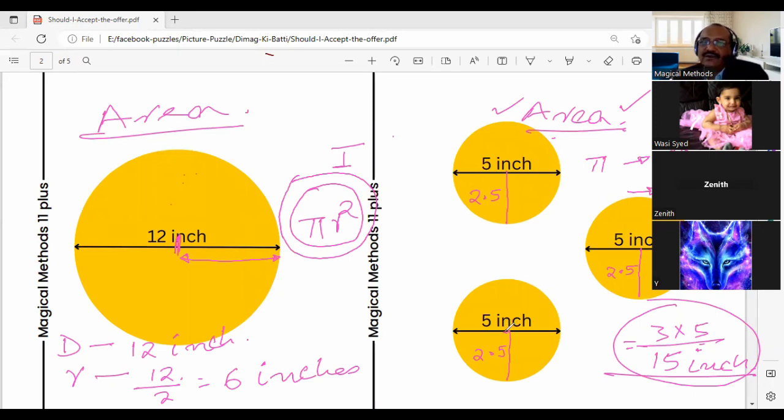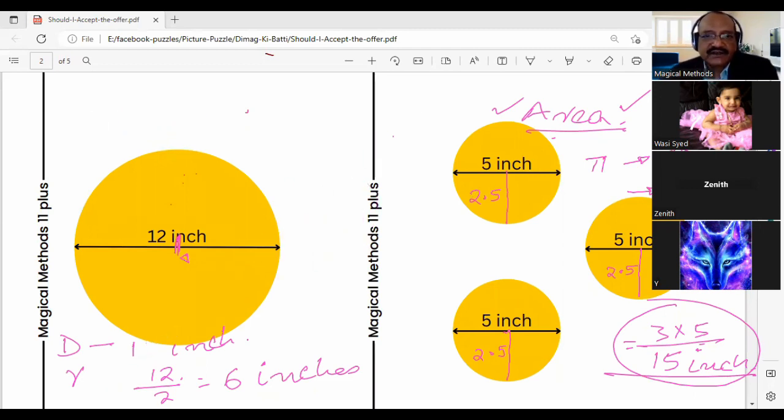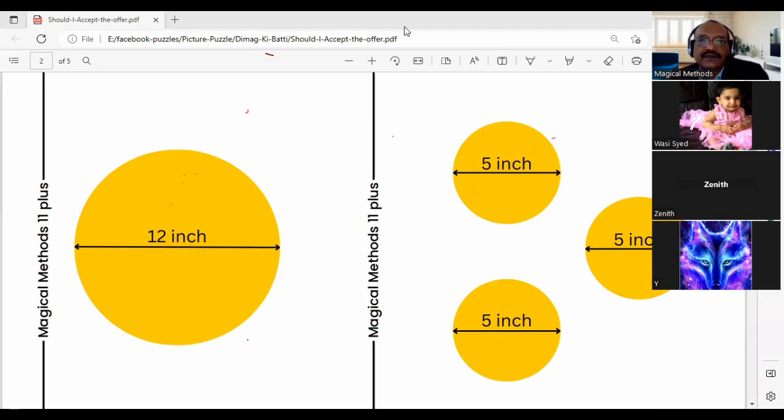From that, we'll be able to understand what we should do. So from this, what we know is r is 6 inches, and for this, the value of r is 2.5 inches.